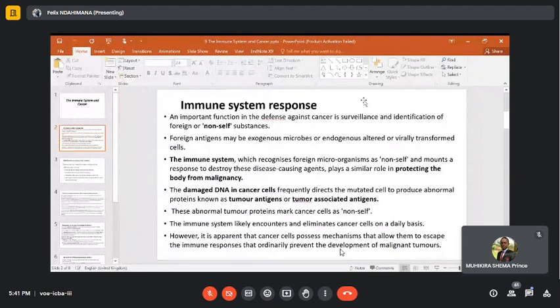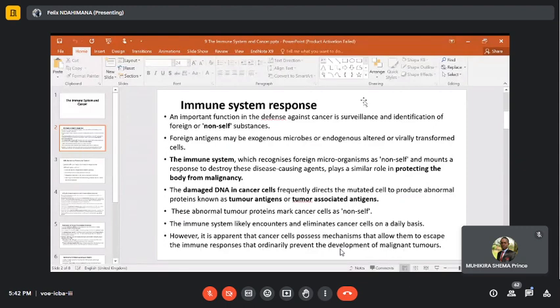So there might be a problem in the body for us to develop cancer. A foreign antigen might be exogenous or endogenous, which is an altered or virally transformed cell. So any of them is an antigen, which means that even a cancerous cell should be an antigen in our body because they are transformed.